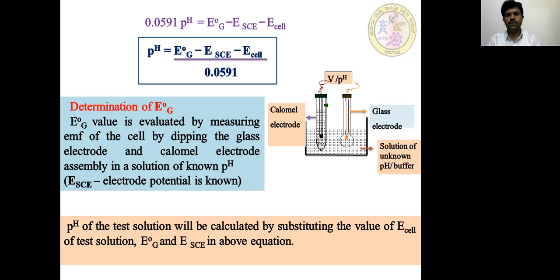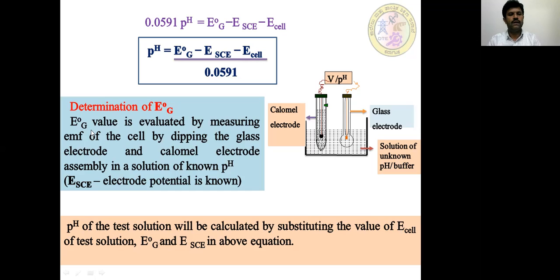If we substitute that EMF value in the same equation, because we know the pH and we know the electrode potential of the saturated calomel electrode, known pH means a known pH solution or buffer solution, and we can note down the EMF of the cell when immersed in the buffer solution, we can calculate the E naught G value.